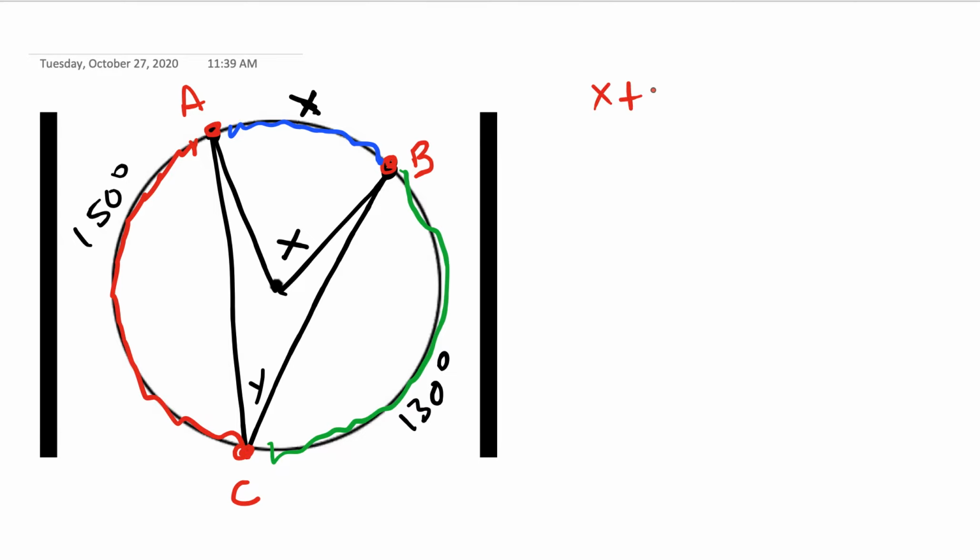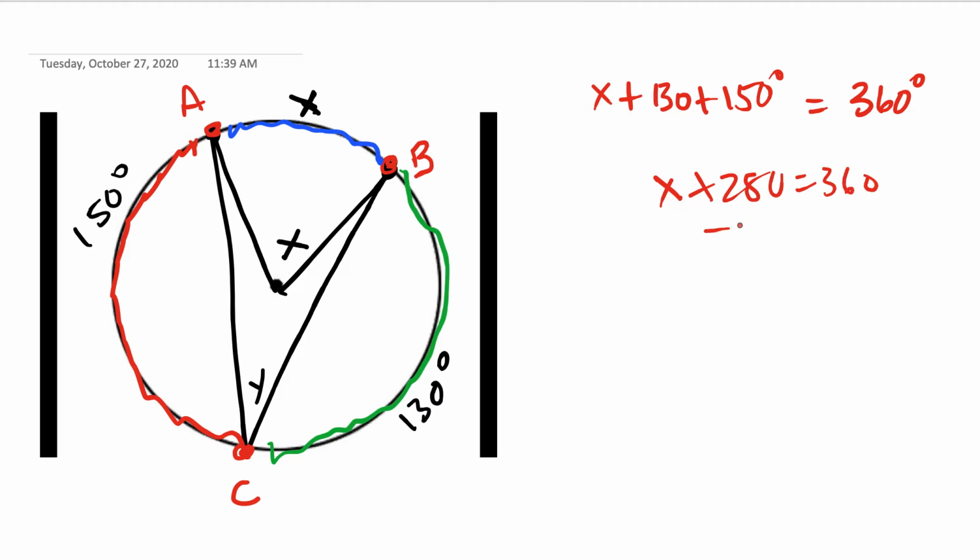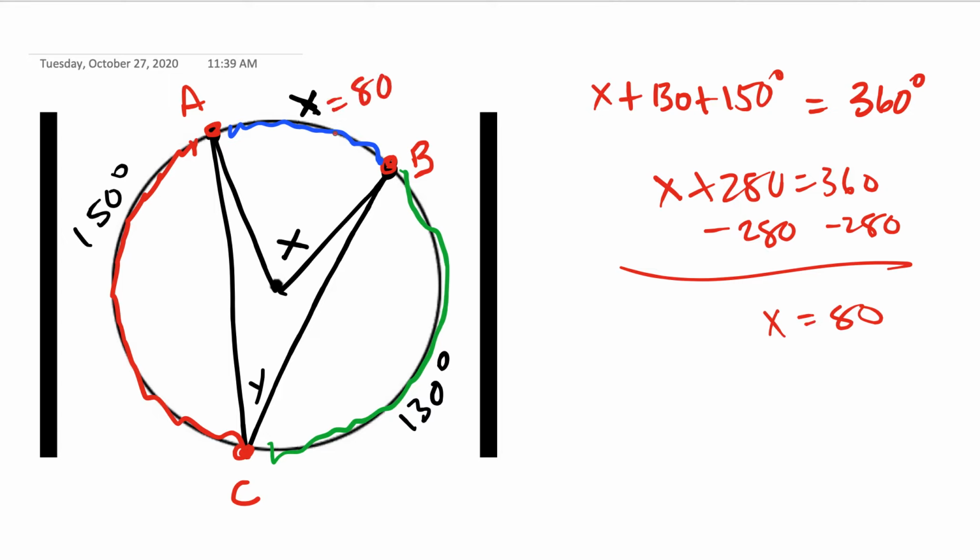So we know that the x plus the 130 plus the 150 surround the circle, and the circumference is always 360, or the degree measurement. So we have x plus 280, and when we subtract it, we get 80.